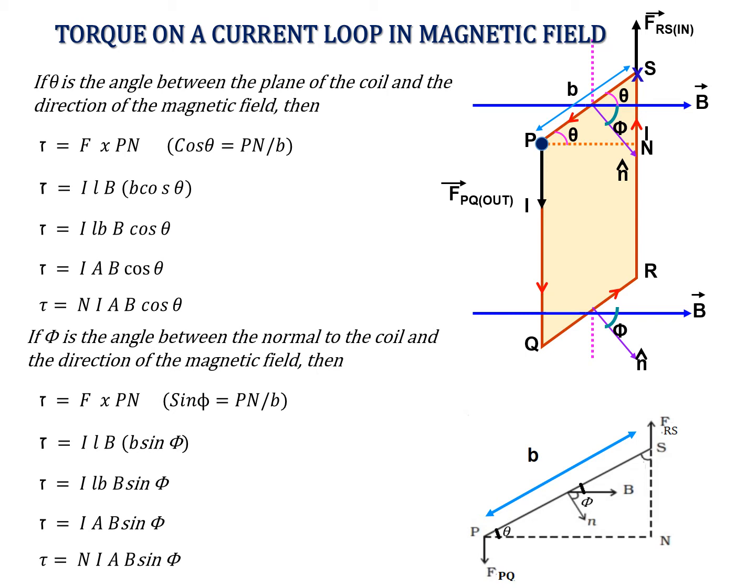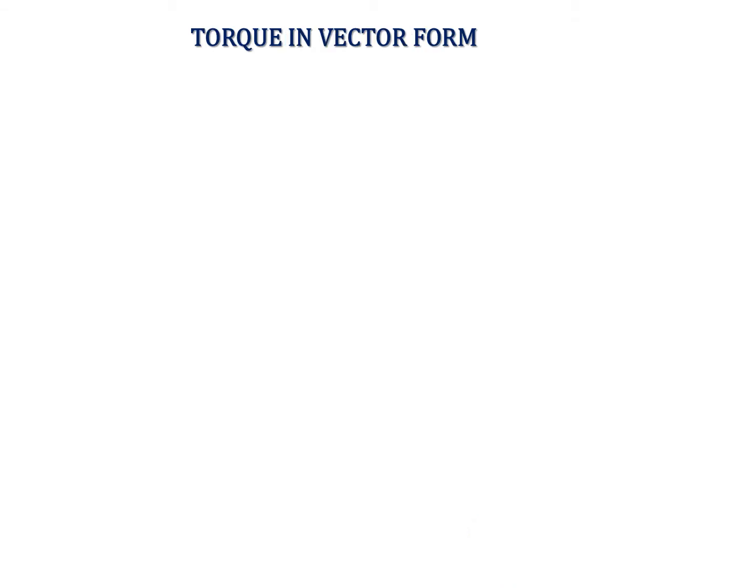We know torque is a vector quantity. To write torque in vector form, we start with the equation torque is NIAB sine phi into a unit vector n in the direction of torque. We can now compare this equation with torque on an electric dipole in electric field.